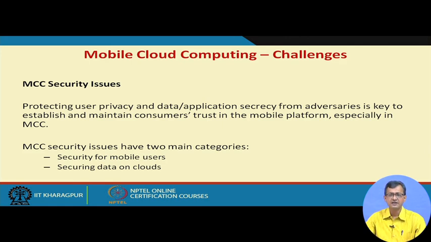There are several challenges. One major challenge, as we see in other cases also, is security issues, right. Protecting user privacy and data application secrecy from adversaries is key to establishing and maintaining consumer trust on the mobile platform, especially in the case of mobile cloud computing, right. So, how my data processing is protected from adversaries or attackers is important.